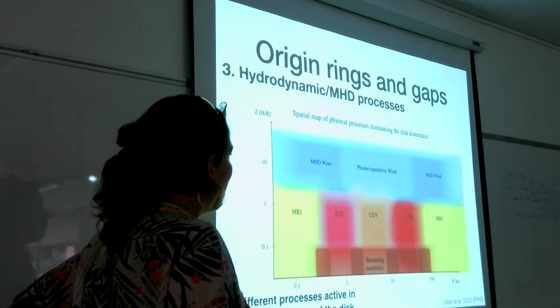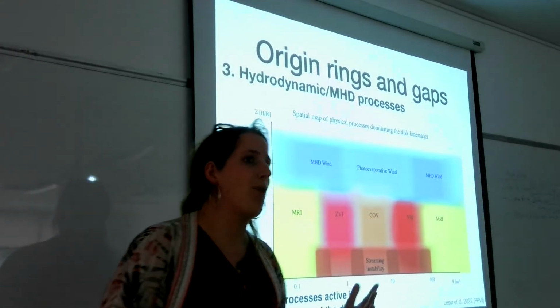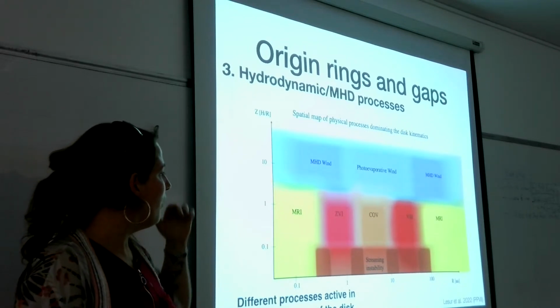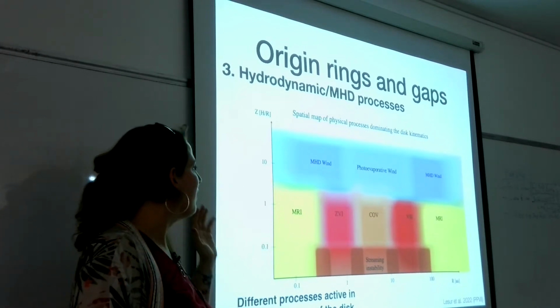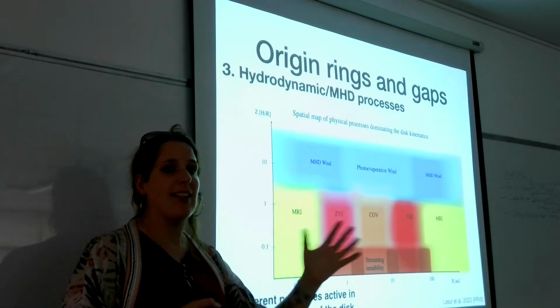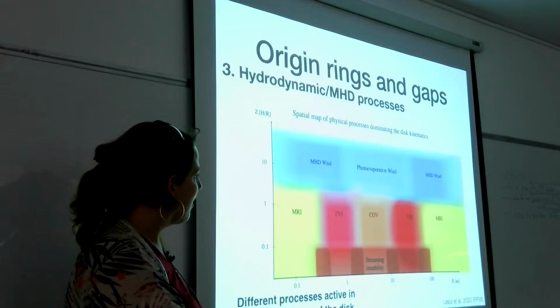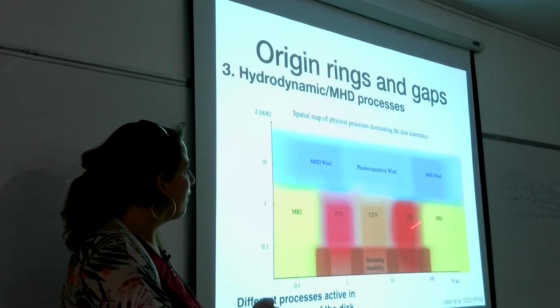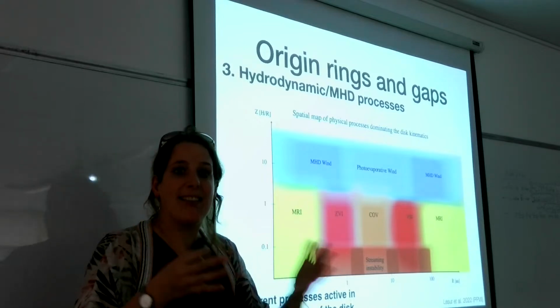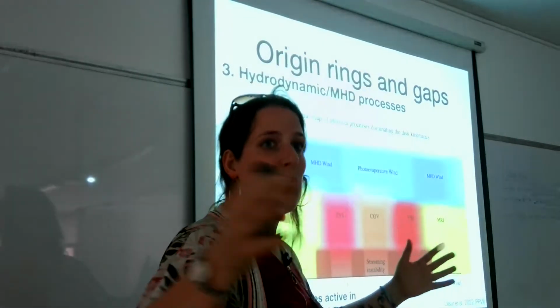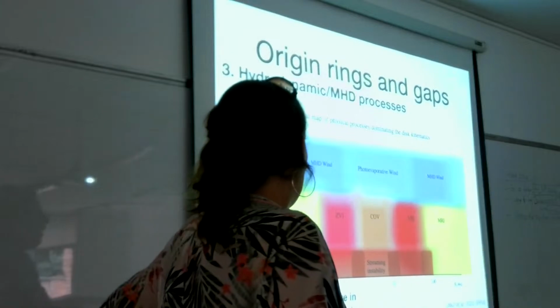There are several review papers where they summarize all of these processes, and what they've been trying to show is that there are different processes active in different parts of the disk. So this is scale height, this is the radius. All these different processes are active in different parts of the disk and can create pressure bumps on different scales.